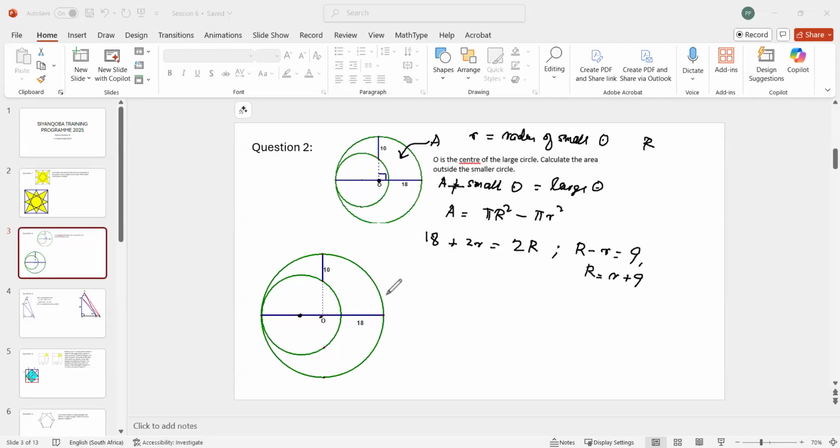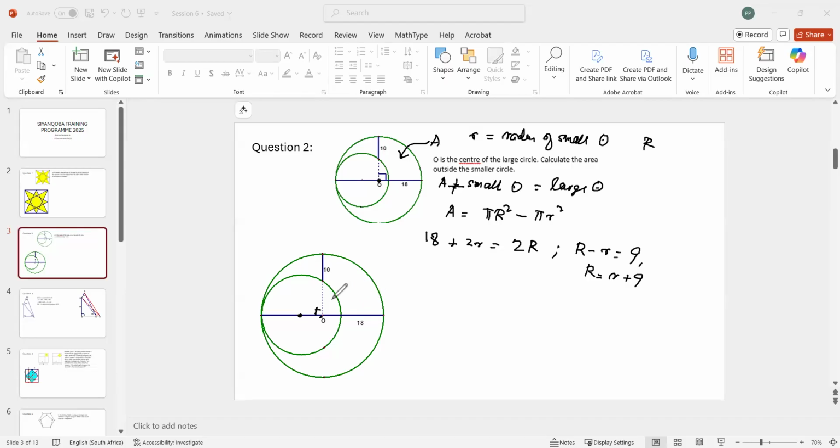And how do you do that? Now, the trick is you have to join, you see, I want to use this 10 here. Now, how do I use the 10? When I go right down here, this is vertical. It's given that this is 90 degrees. So I've got a right angle here somewhere. It seems as if I'm going to land up with Pythagoras somewhere to get the equation that I'm looking for.